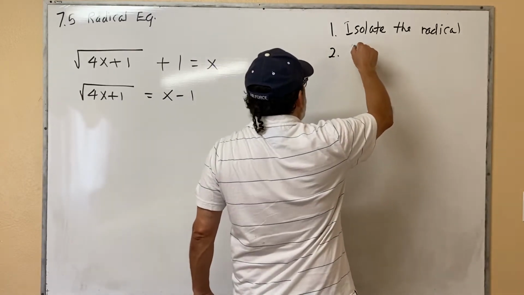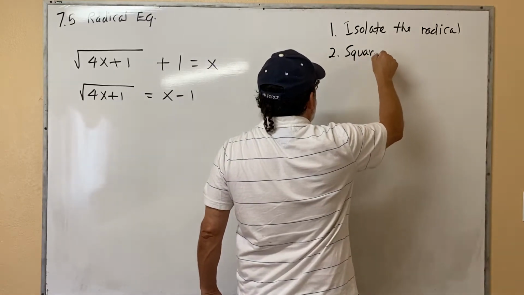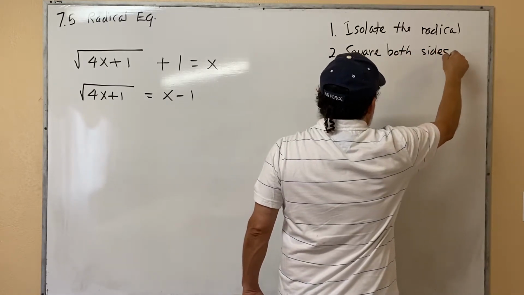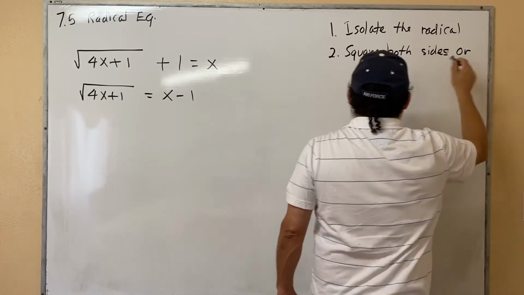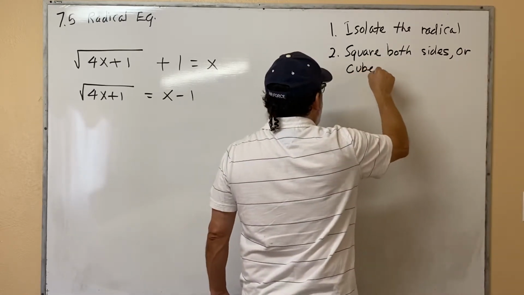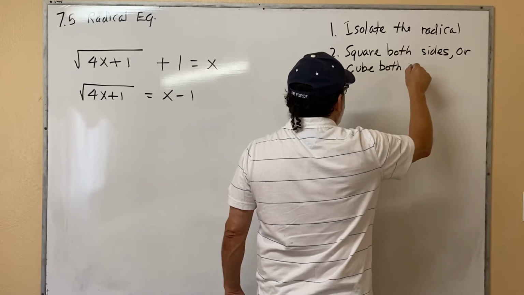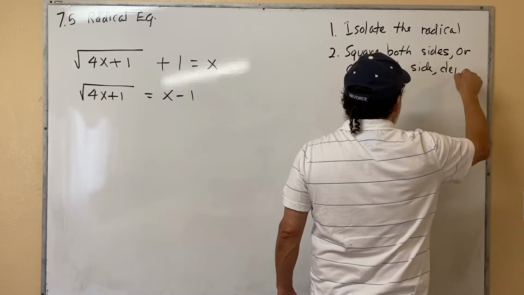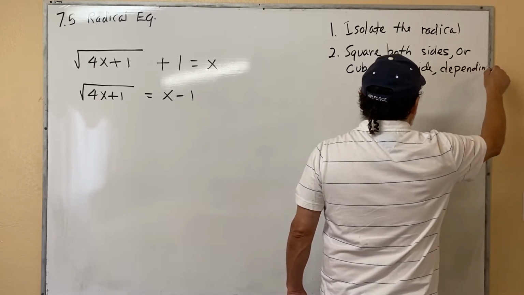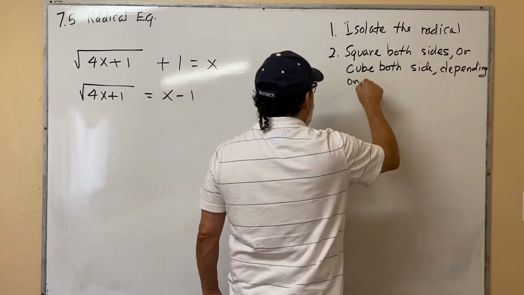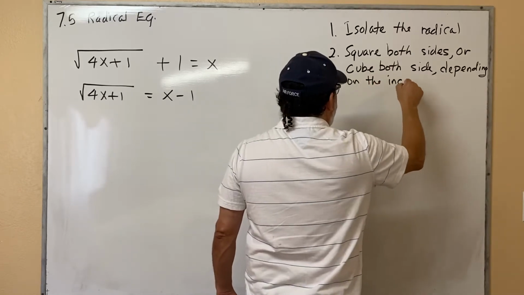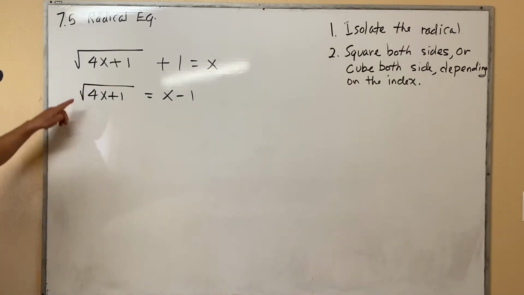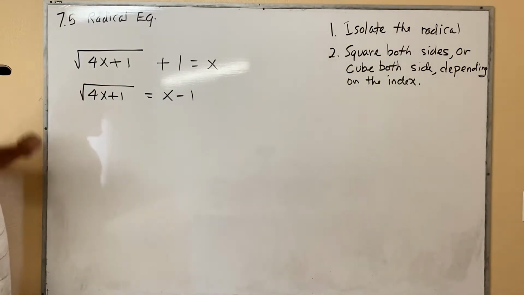So square both sides or cube both sides depending on the index.